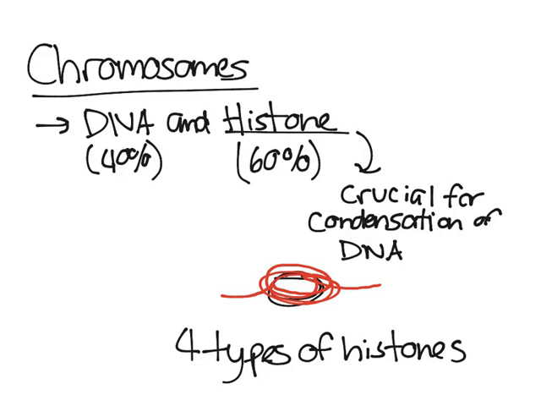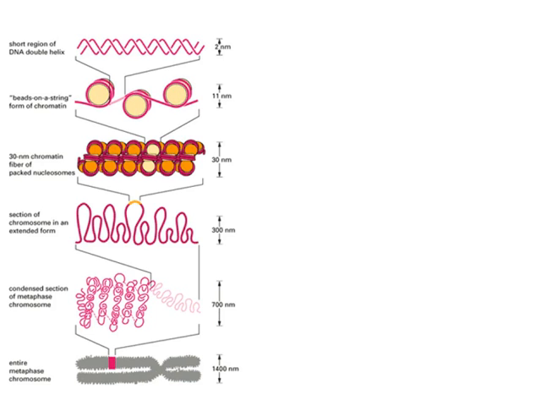And so let's get into the different levels of chromosomes and DNA. So let me clear this. And so now this is a good diagram. So essentially, the first level up here is just DNA. The second level here is DNA wrapped around histones.